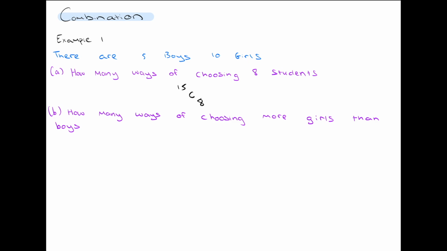Part B is how many ways of choosing more girls than boys. And typically for these questions, you always want to do cases. It just helps you visualize. So case 1 is all girls, and you just get 10 choose 8. Case 2 is 7 girls, 1 boy, so 10 choose 7 times 5 choose 1.